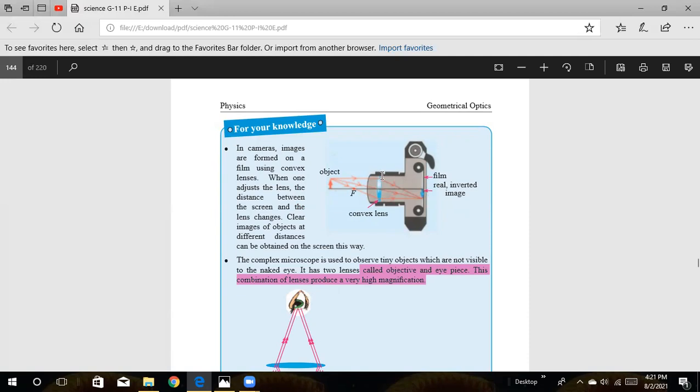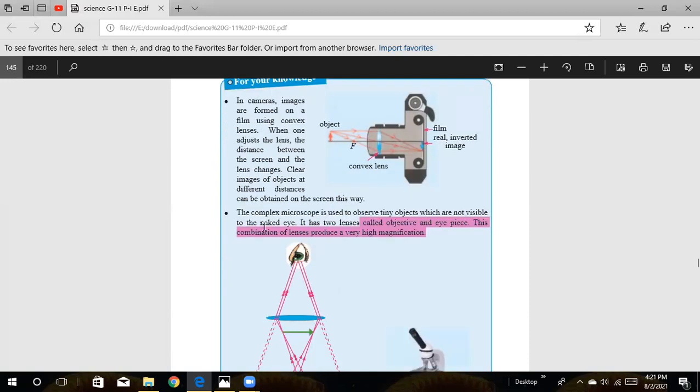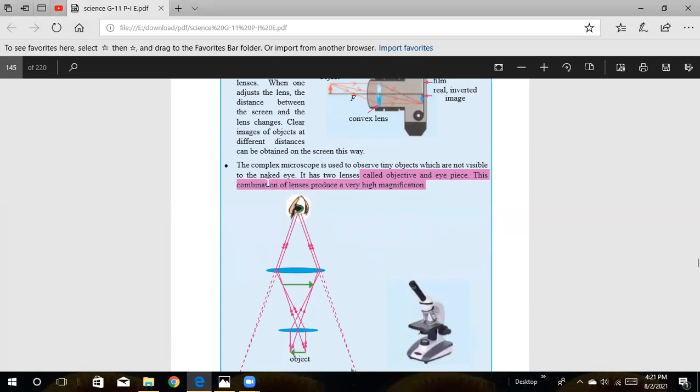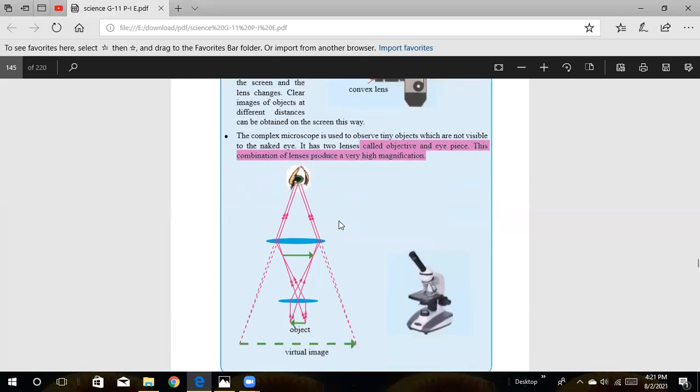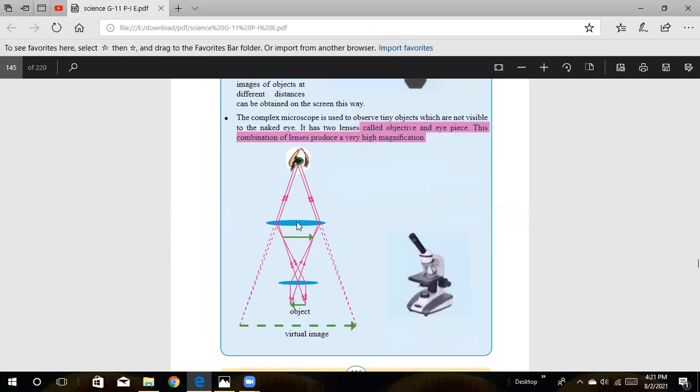Convex lens here. Right. The other one is the compound microscope. In a simple microscope, we use only one convex lens. In a compound microscope, we use two convex lenses, right?